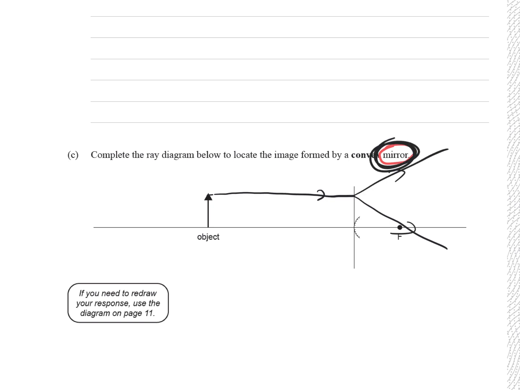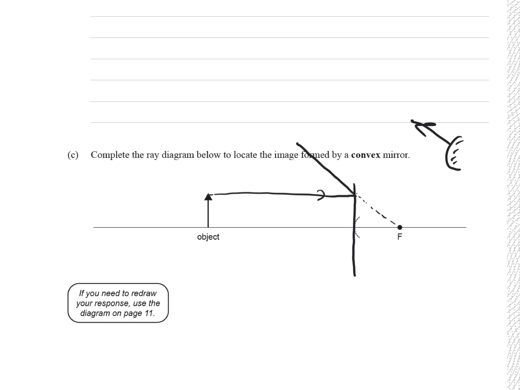There will be no rays behind the mirror, so the only things you can draw behind the mirror must be dotted lines. It's got to bounce off this. This line represents the mirror, and it is convex, which means it's going to ping the light outwards, diverge it. Now remember, what you do here is you line it up with the focal point like this, and draw it going off like that. So that's one ray done.